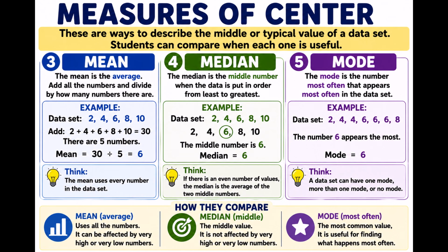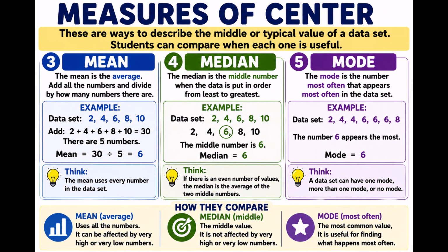Now, mode. The mode is the number that appears most often in the data set. If we have the data set of 2, 4, 4, 6, 6, 6, 8, our mode will be 6 because 6 appears the most.